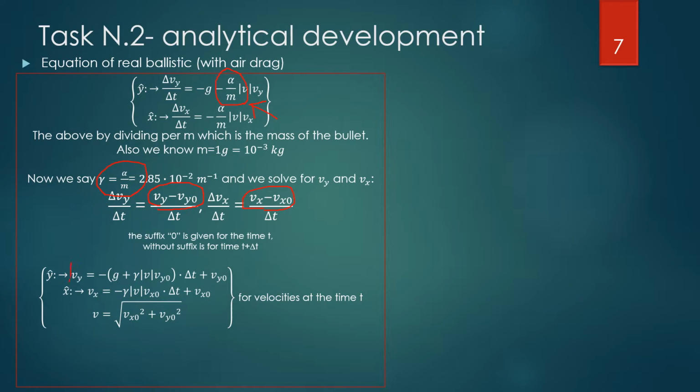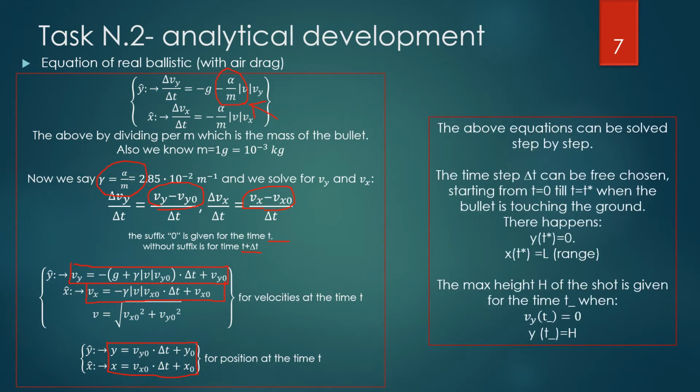Thanks to that, we can express both equations in function of velocity y and velocity x. The first member is calculated at time t plus delta t, and the second member at the time t. So it means the second member is known, so we can solve the equation. And also we can determine the space by means of those equations below.